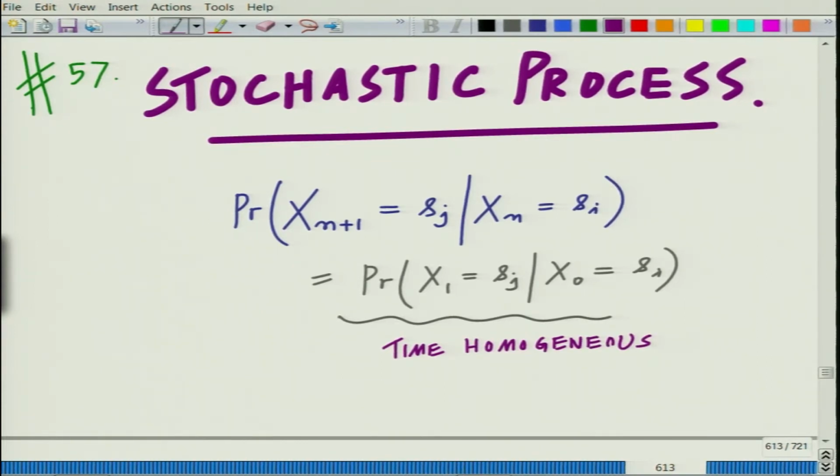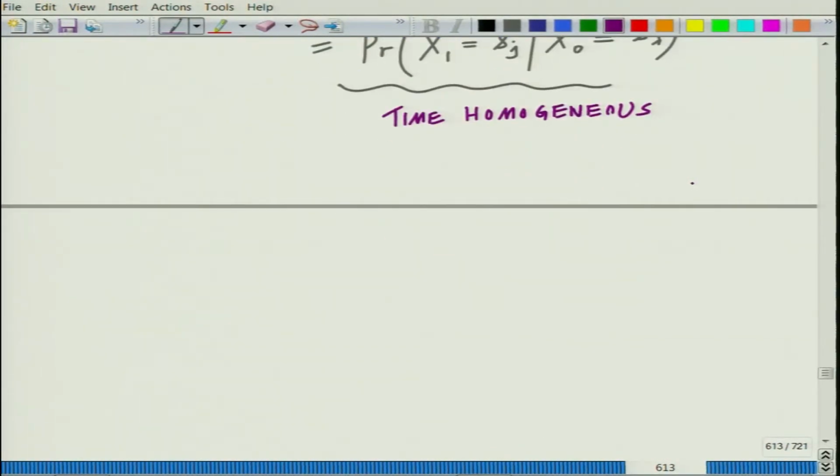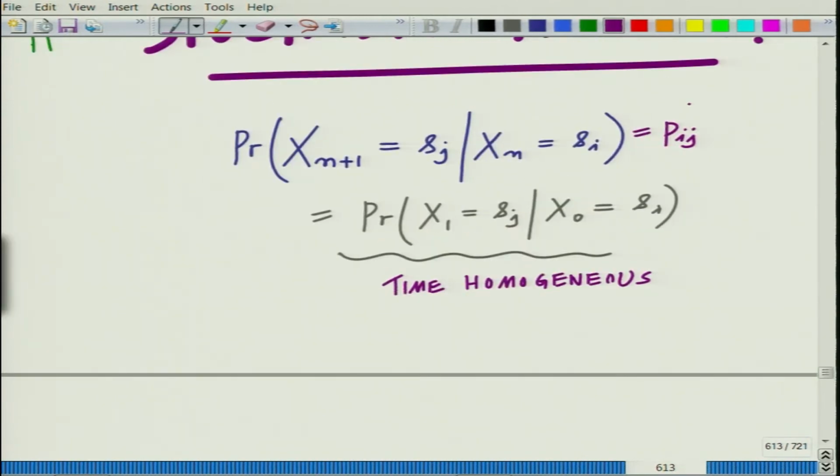And this quantity is denoted by Pij. We are denoting this transition probability by Pij, and this is what we term the one step transition probability.